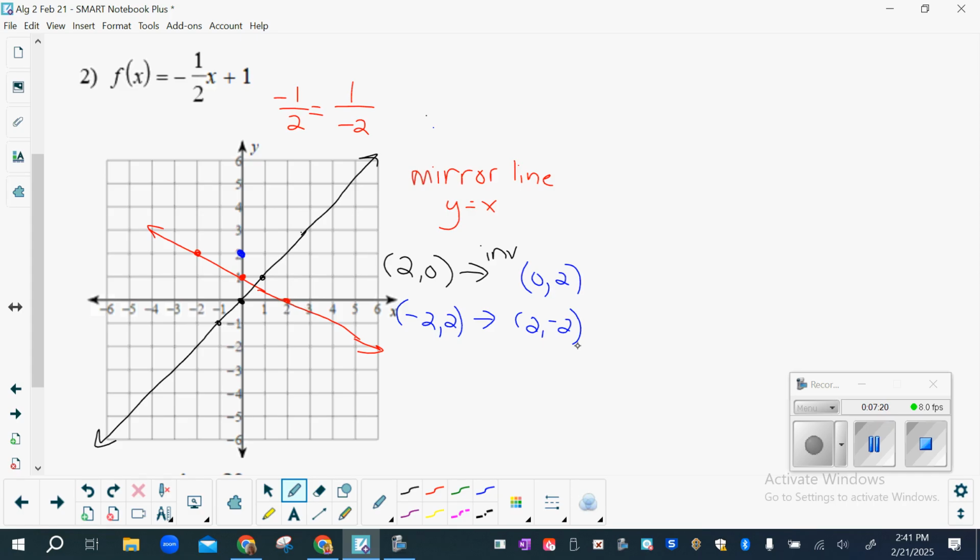Once again, how did I get from here to here? I switched the x and the y. So I'm finding points on my red line, and now I'm taking the point 2, negative 2 and making a line with this.